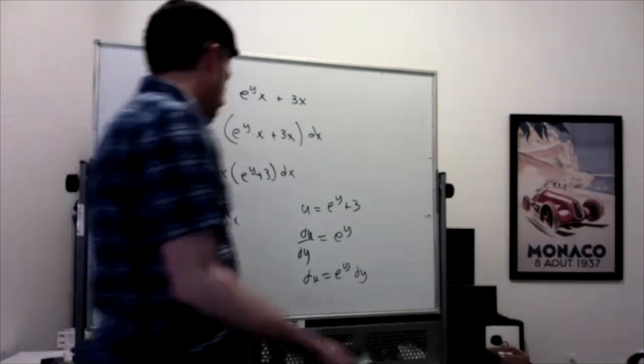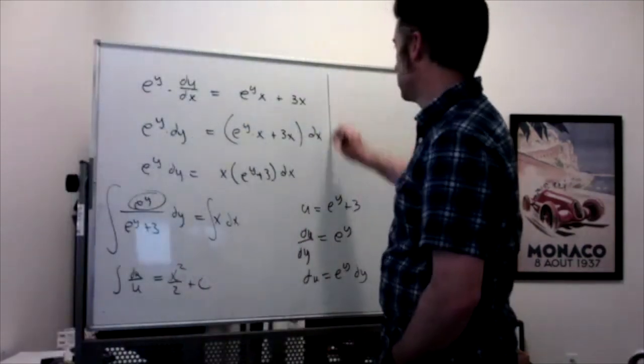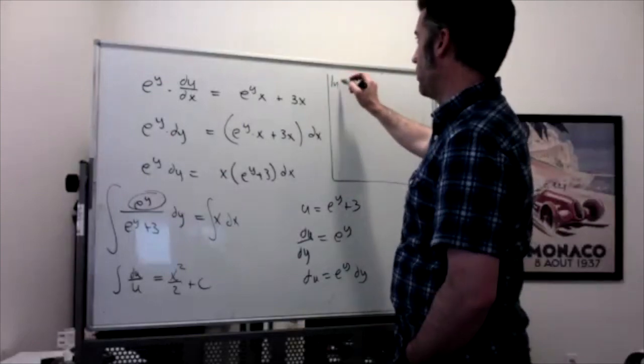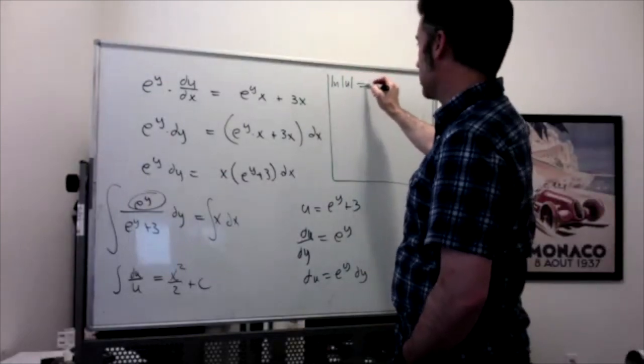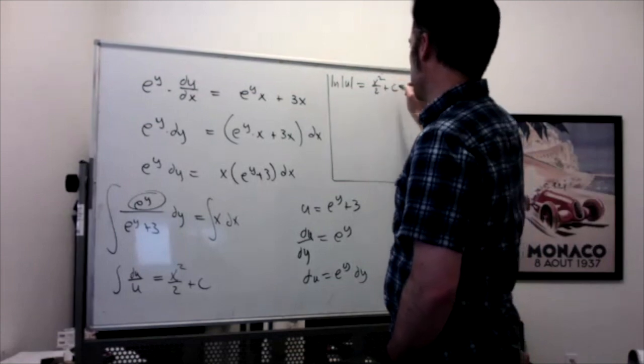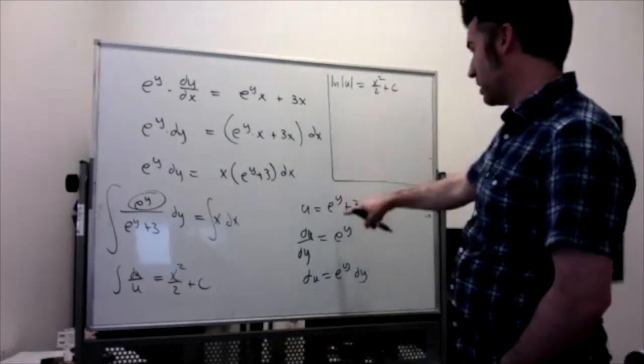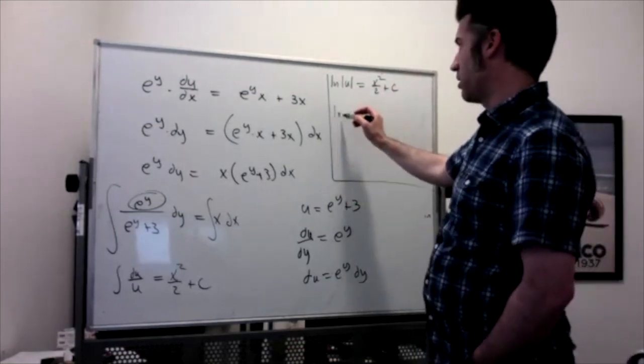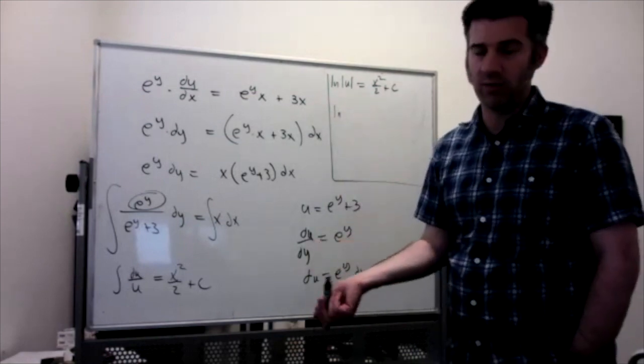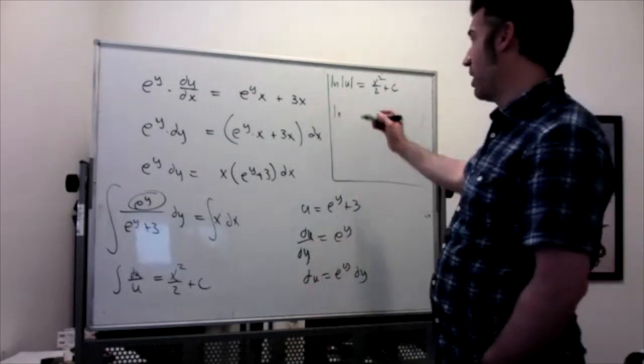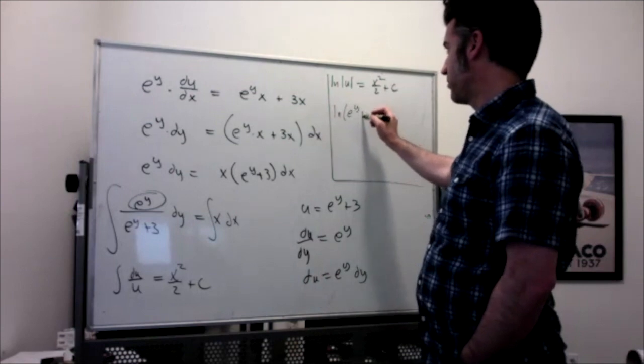The integral of du over u is the natural log of the absolute value of u equal to x squared over 2 plus c. But u is equal to e to the y plus 3, so I have the natural log of e to the y plus 3. I don't need the absolute values here because e to the y plus 3 is already positive.